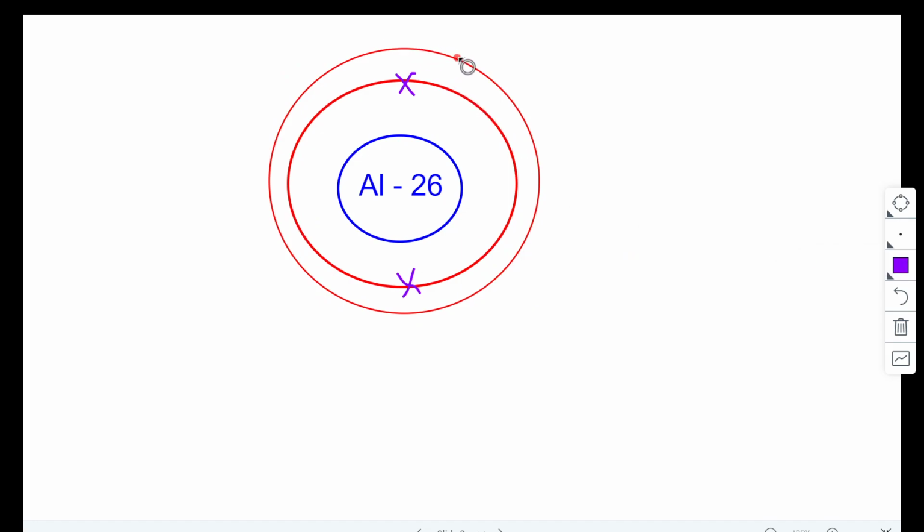So now we're going to go ahead and draw another couple of electrons. This level, the second energy level, we said can have a total of 8. So we're going to draw 8.